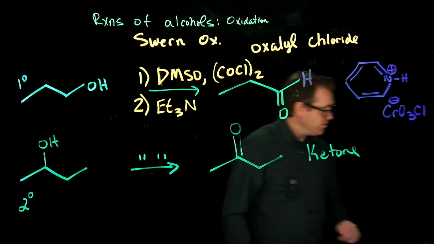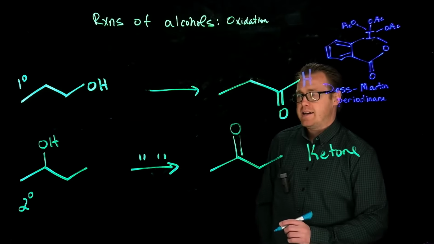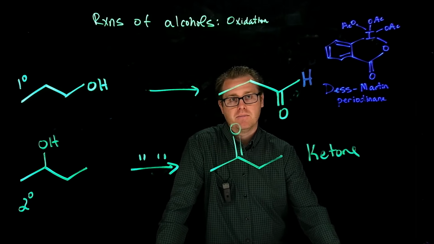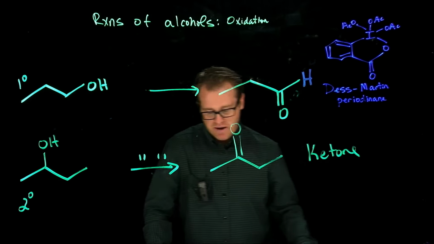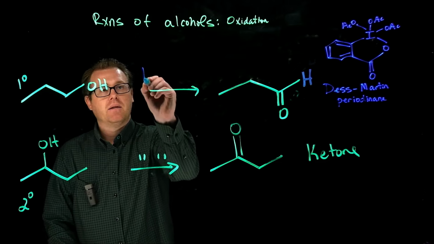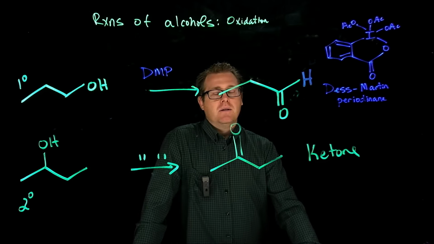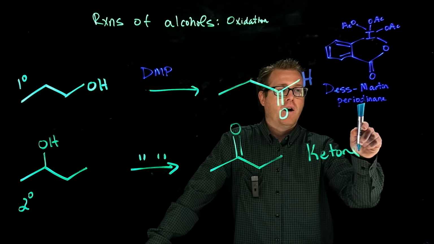So I'm going to clean up this board. So the last reaction that I want to talk about is the Dess-Martin. Now the Dess-Martin reaction, we just abbreviate it DMP. And the DMP stands for Dess-Martin periodinane.